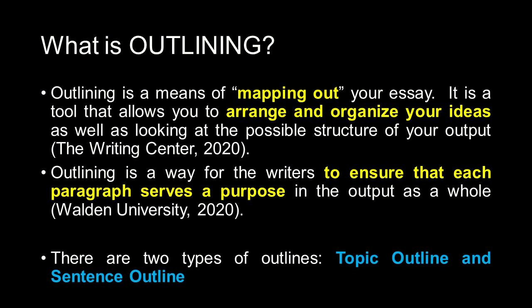No, each paragraph should have a function in that essay. That way, no paragraph goes to waste. And when we talk about outlining, there are two general types. The first one is the topic outline, and the second one is the sentence outline.